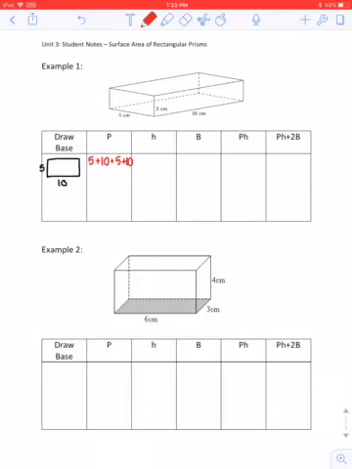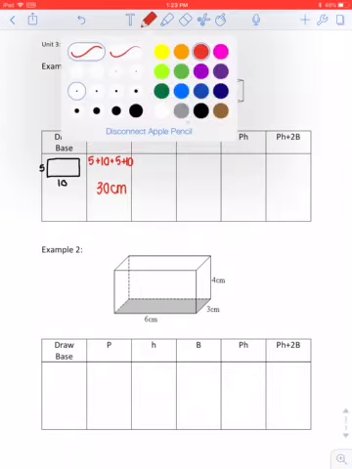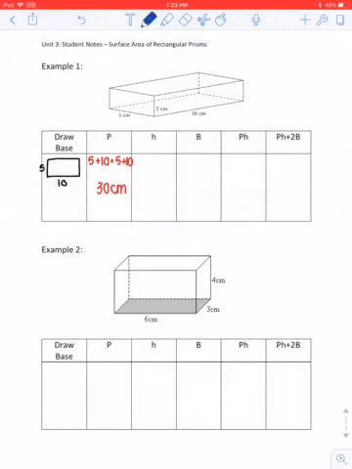When I add those, I get 30 centimeters. Then my height between these two would be 2 centimeters, because remember the height is the distance between the two bases.